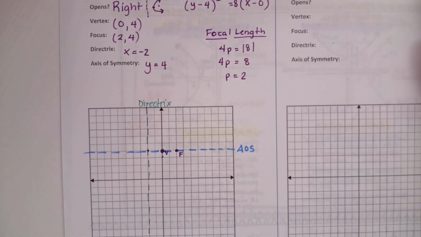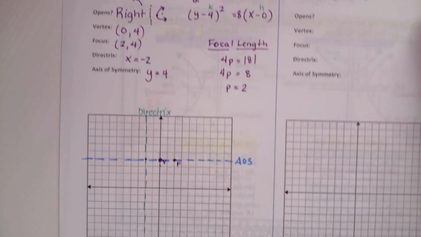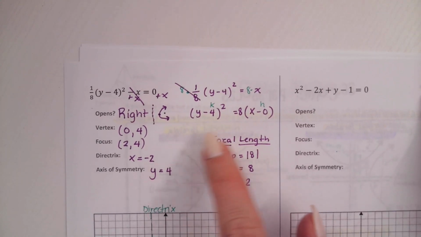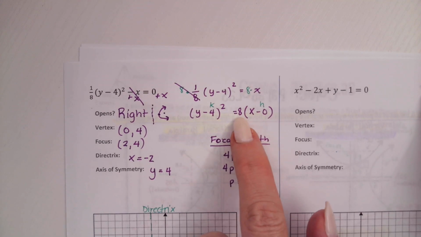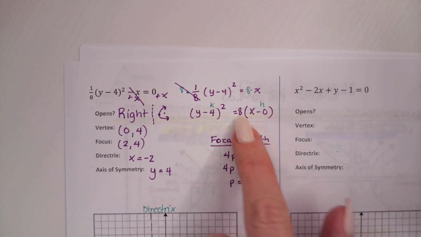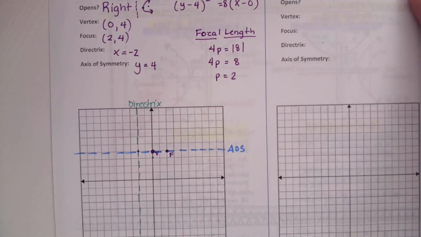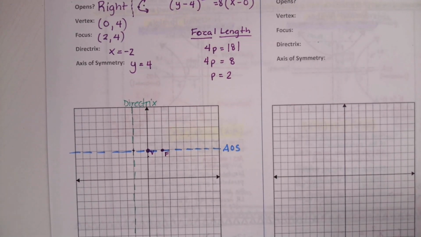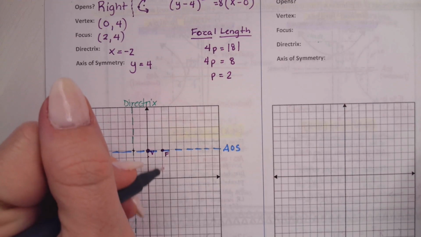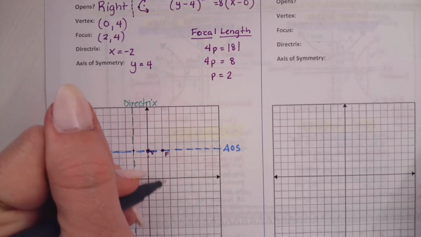And then lastly, we need to figure out how wide it's going to be. So looking at my 4p number, this 8 right here should be how wide it is through the focus, that latus rectum length, the LR. So that's telling me that all the way across through this focus, it should be 8 units in total.